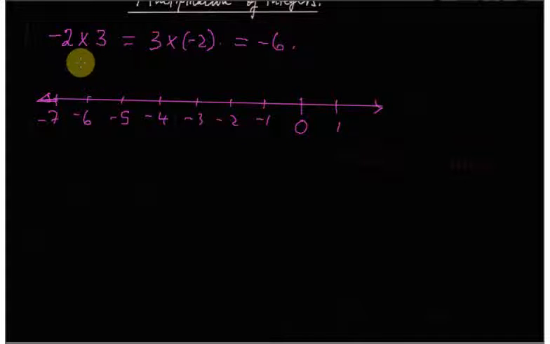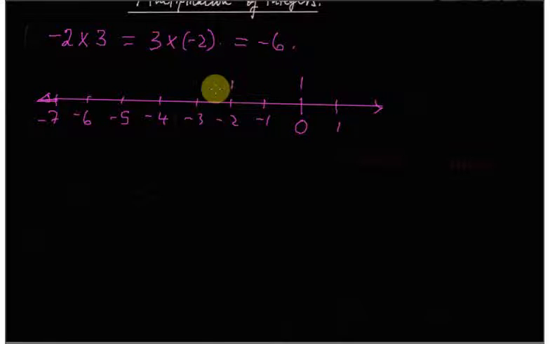So here it is a group of 2 in the opposite direction 3 times. Opposite direction means the negative direction, because we're having a negative here. That's what is meant by opposite. It's the opposite of counting numbers. So it is from here to here.